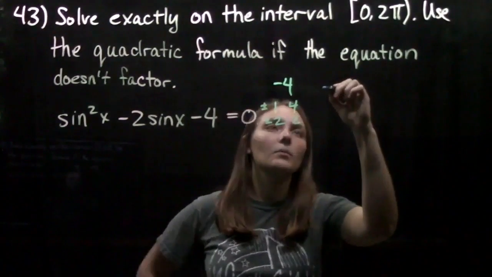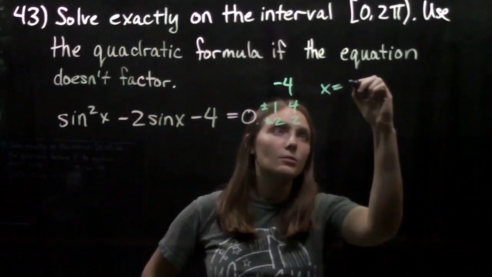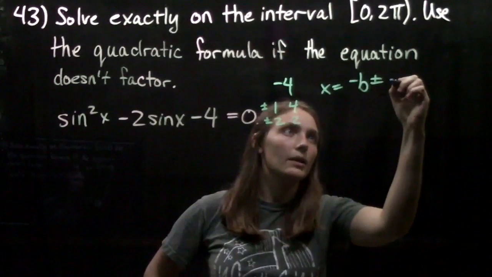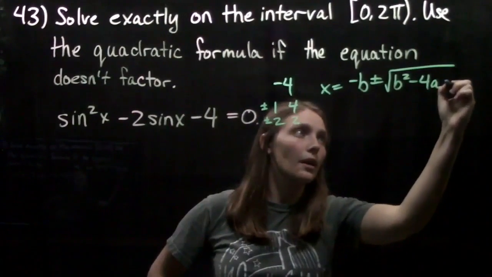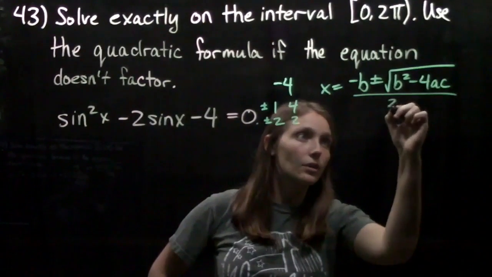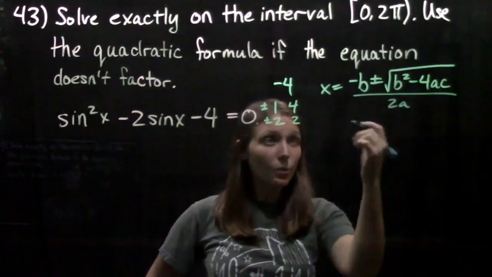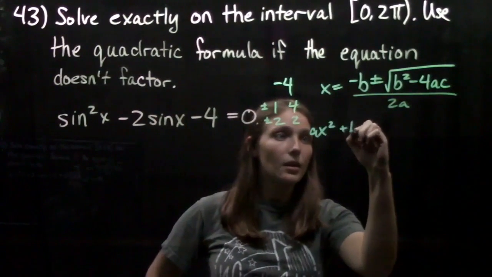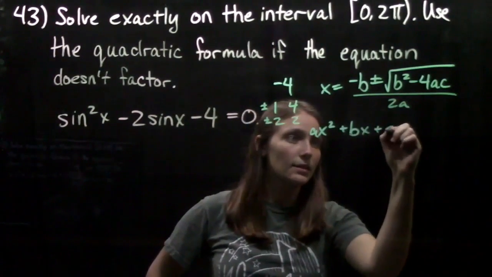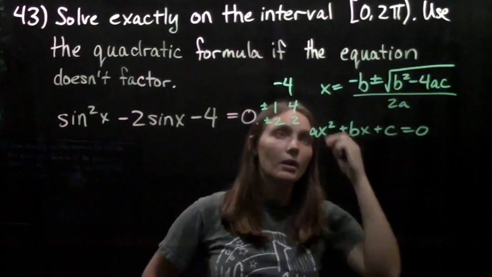So what's the quadratic formula? We have x equals negative b plus or minus the square root of b squared minus 4ac all over 2a, where the general equation is going to be a times x squared plus b times x plus c equals 0.